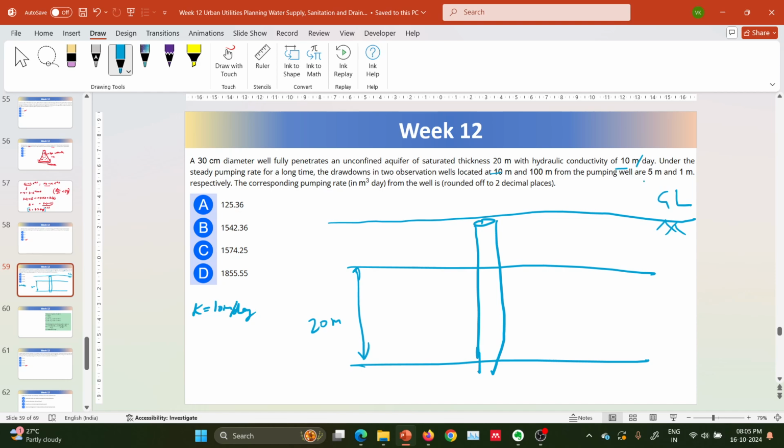Under the steady pumping rate for a long time, the drawdown in two observation wells located at 10 meter and 100 meter from the pumping well are 5 and 1 meter respectively. So one observation well is here, and the other observation well is at 100 meter.